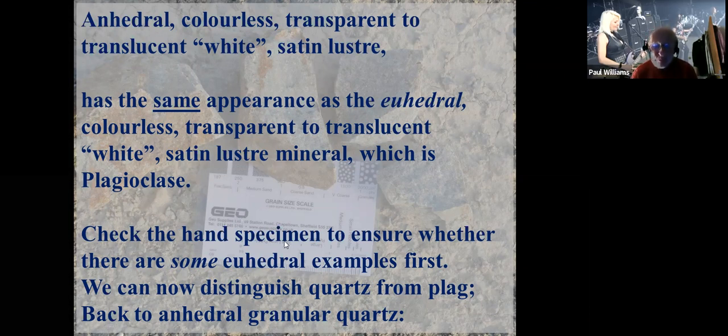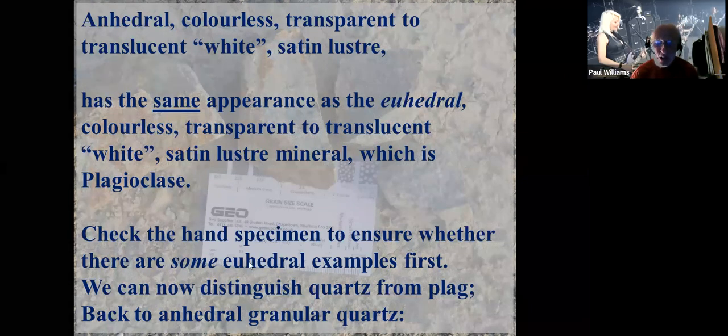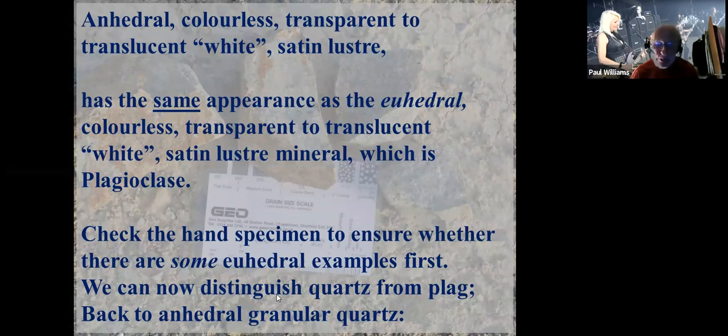And so, as I've just said, make sure that when you're looking at your hand specimen, and you've got some euhedral examples, you check that some of that anhedral stuff isn't really just euhedral stuff that hasn't crystallized properly. And being able to distinguish quartz from plagioclase is very important, because they can look, well, they can look identical, as we've hopefully just seen.